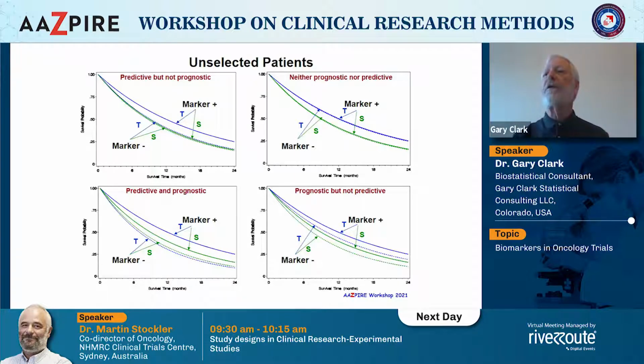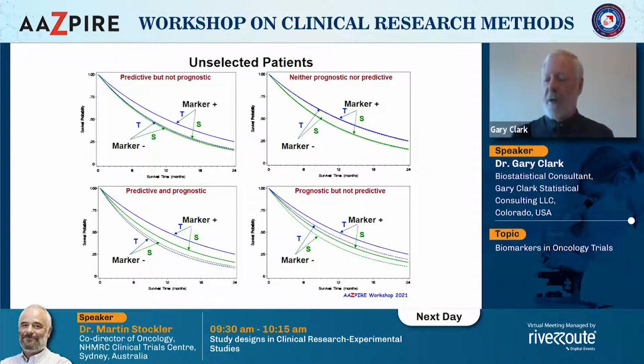So the conclusion that you drew from your two-arm study, that we should treat patients who are marker positive with the targeted therapy, is correct. But what you've missed by not studying the marker negative patients is you should also treat the marker negative patients with the targeted therapy because they're going to benefit just as much as the marker positive patients.